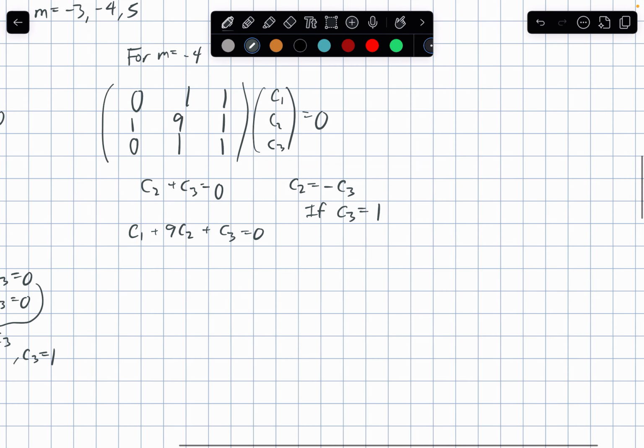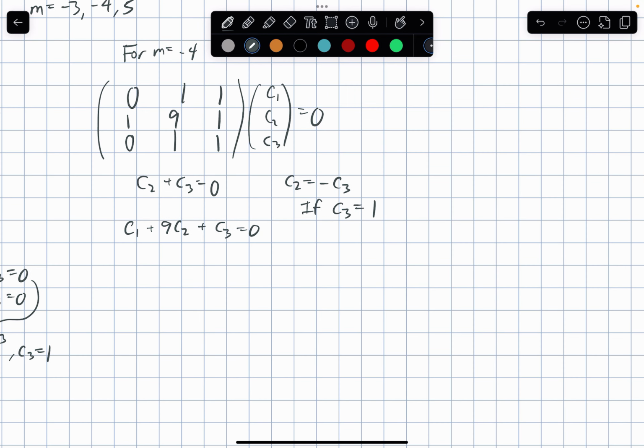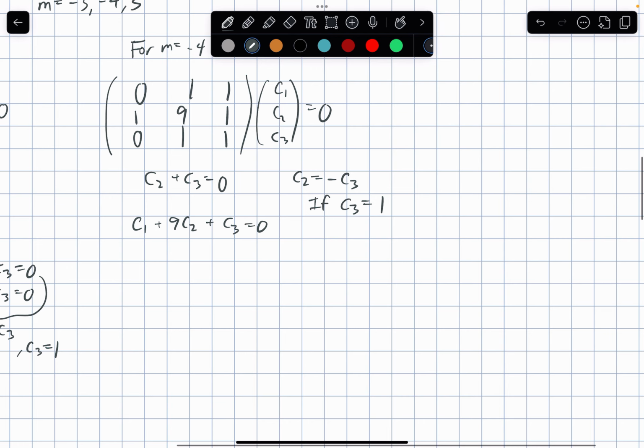Let's go back to our focus. So if C3 is equal to 1, C2 is equal to negative 1. Okay? So now that we've established that, again, we can assign any number. It's very much safe to do, to assign any number. But yes, again, to make it simple, just assign 1.